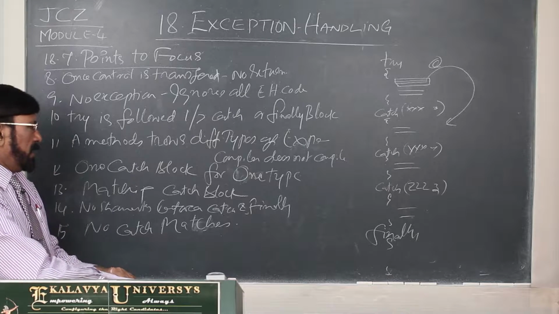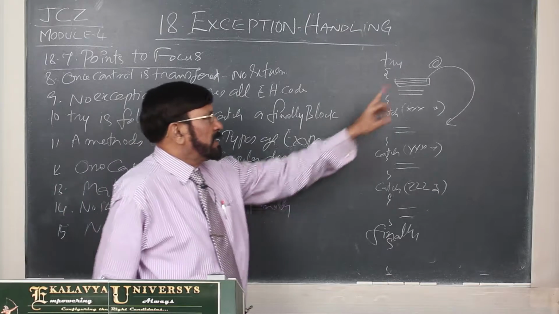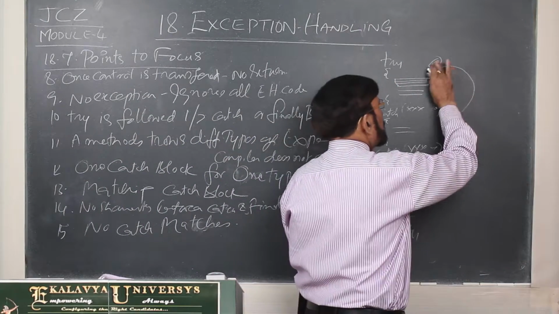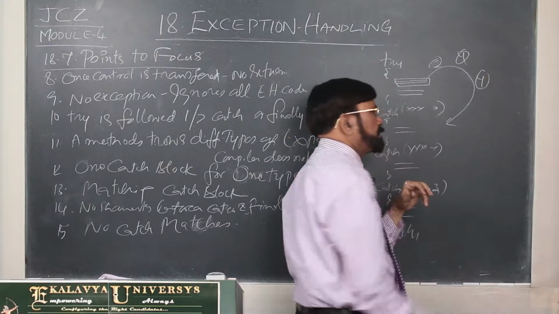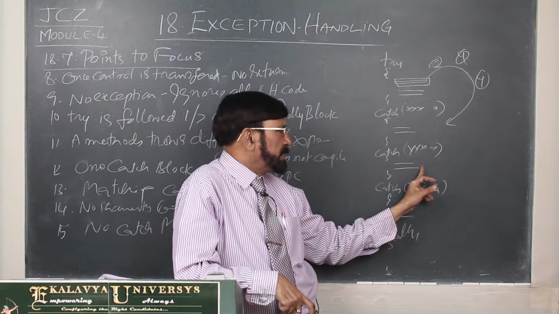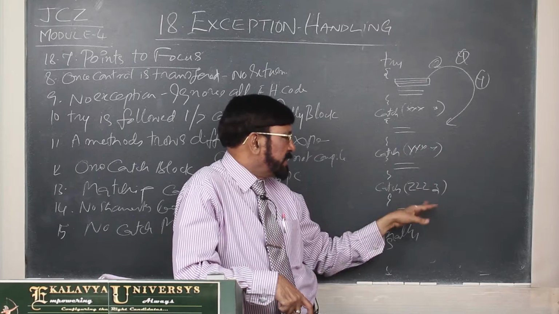Thereafter, the matching catch block. With reference to this example, Y exception is thrown. So it comes here. It is not matching. Then it goes here. Here it gets the treatment. It handles that. Then it ignores the rest.